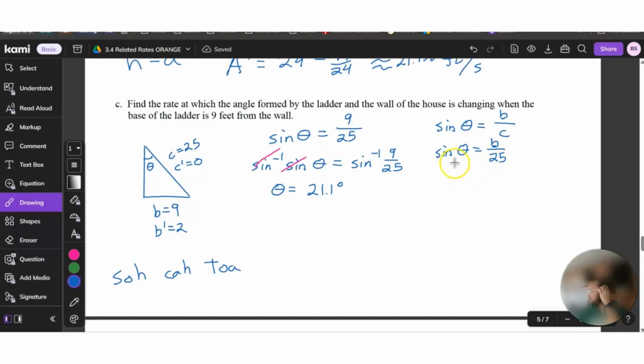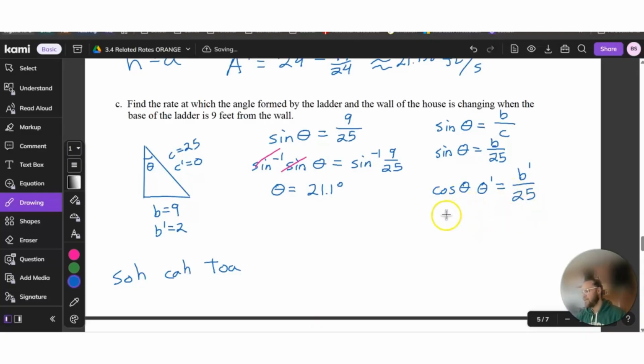Then I just need to take the derivative. What's the derivative of sine again? Cosine. So I get cosine of theta times theta prime. Derivative of B, B prime.